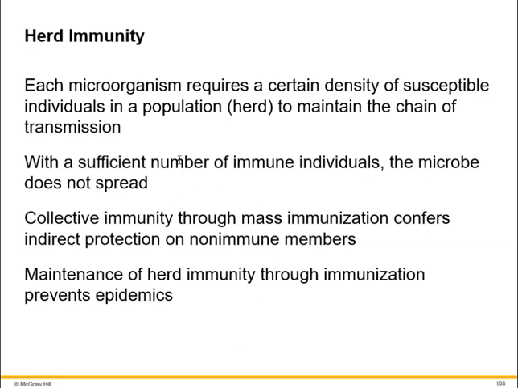So herd immunity is something that you need to understand as well. The reason that vaccines are so important is because if you have herd immunity, then you break the chain of transmission in the community. If you have a sufficient number of immune individuals, then the microbe cannot spread to them and they can't spread it to other people. So collective immunity through mass immunization confers indirect protection to non-immune members.